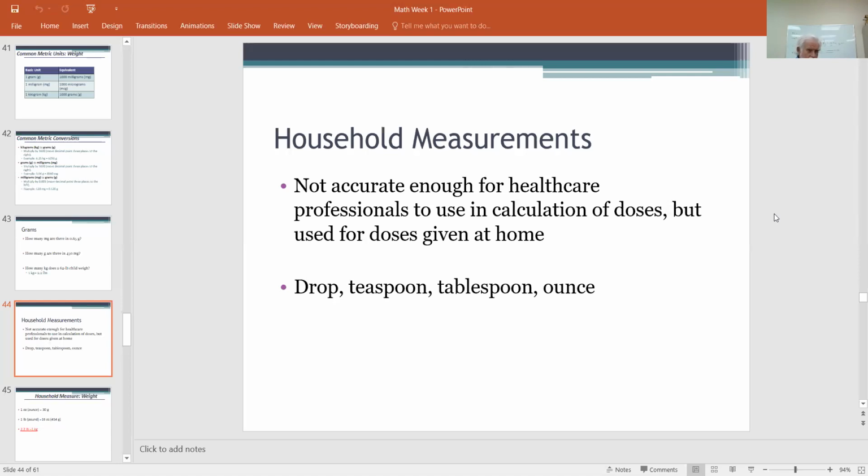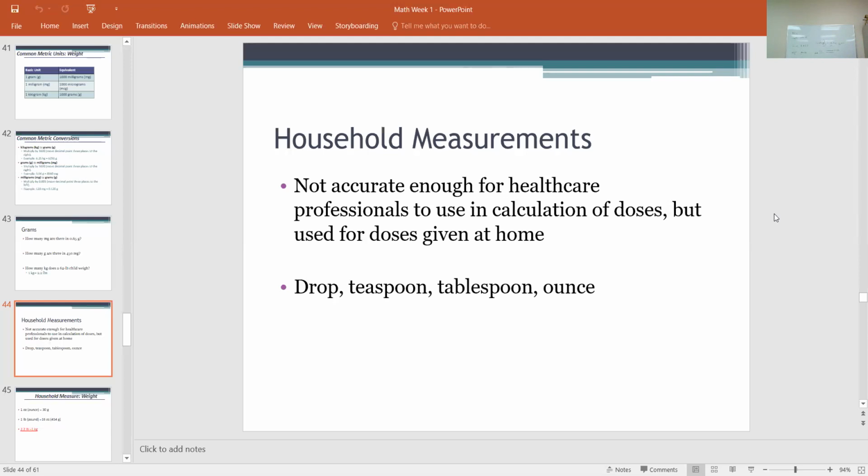Mainly in the pharmacy, we're going to be looking at volume and weight. The basic unit of volume is the liter, which is approximately 1 quart. The basic unit of weight is a gram, which is about 1/30 of an ounce, so a very small amount.